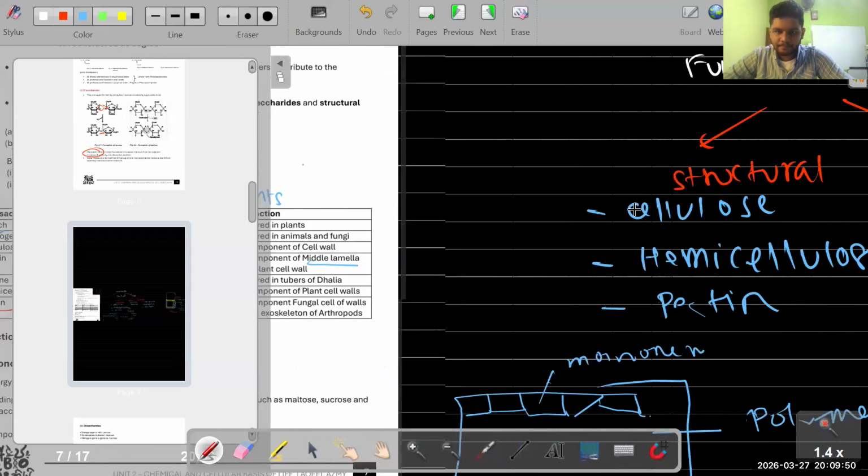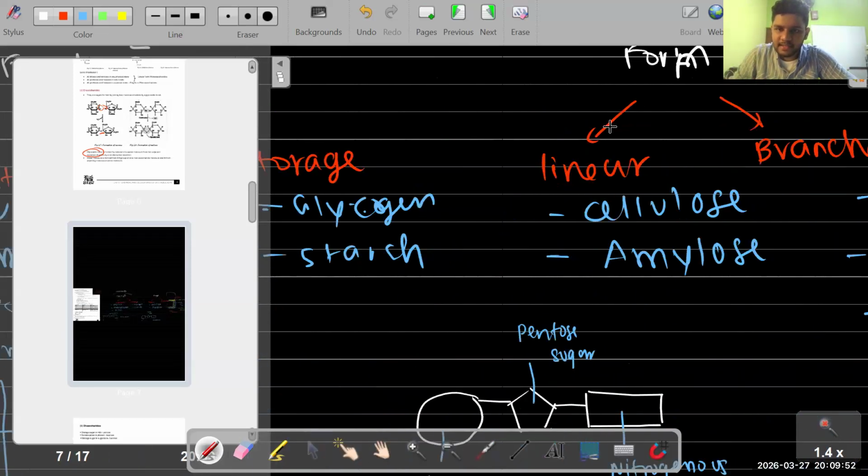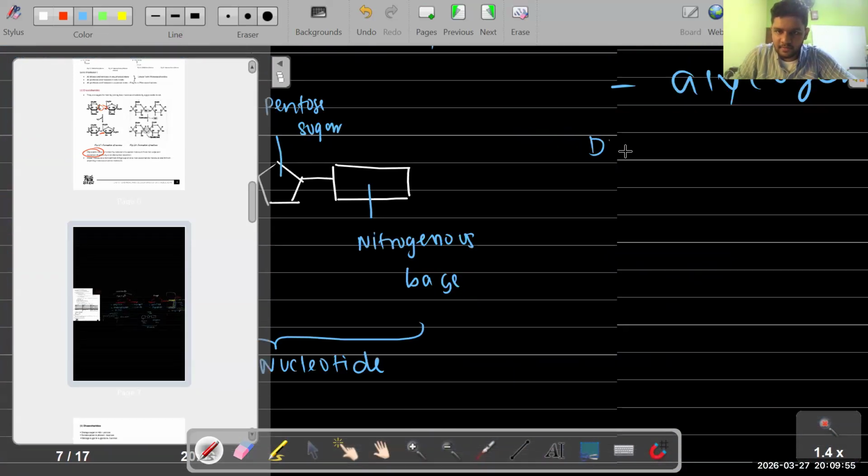Similar to that, have you heard something like this before in your life? DNA, RNA, have you come across this? Yes. Now the full form is deoxyribonucleic acid.